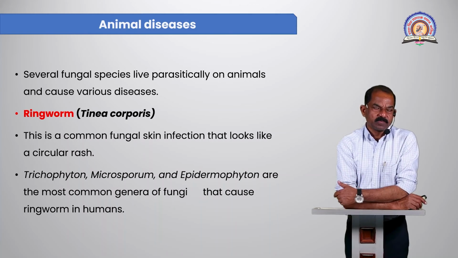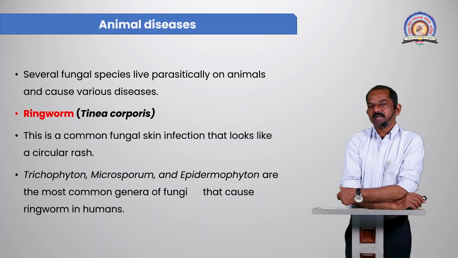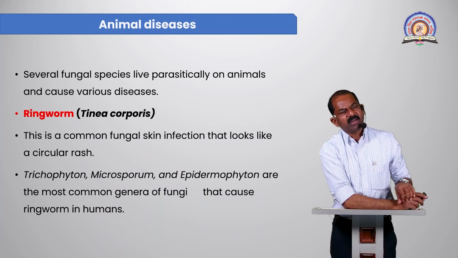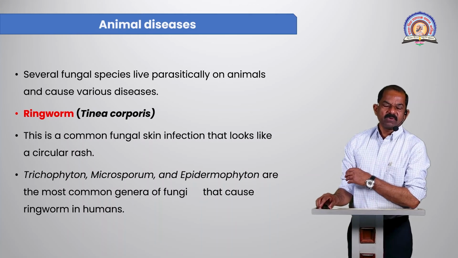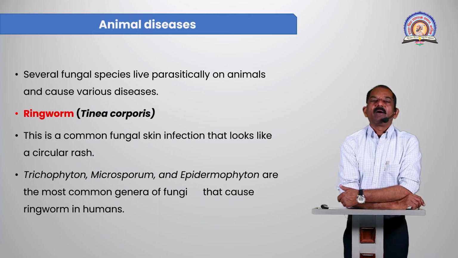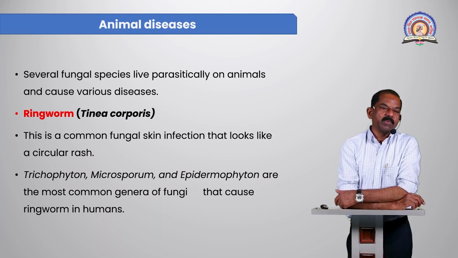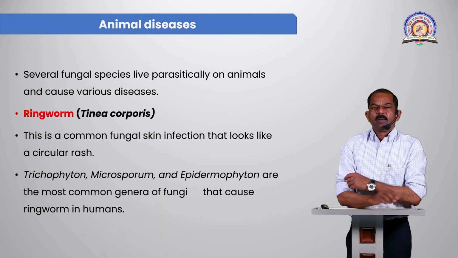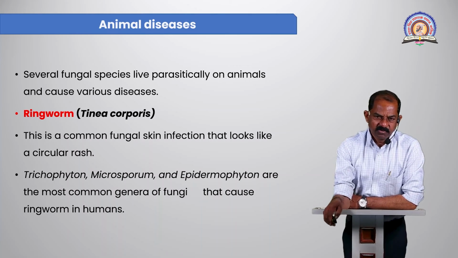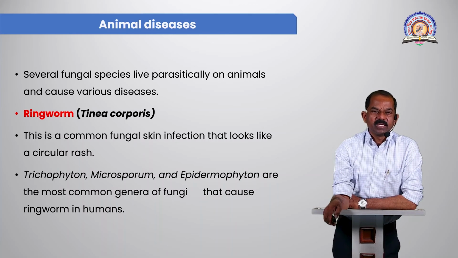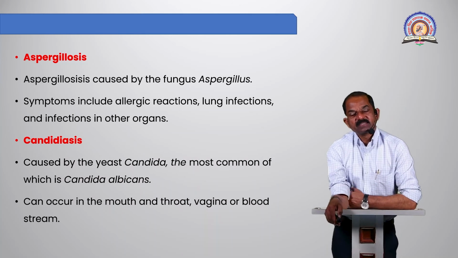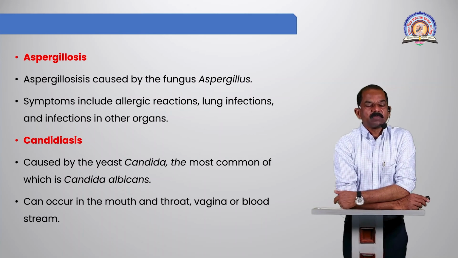The first disease is ringworm, known as Tinea corporis, a common fungal skin infection that looks like circular rashes on the skin of animals as well as humans. Trichophyton, Microsporum, and Epidermophyton are the most common genera which cause ringworm in humans, generally known as dermatophytosis. Deep mycoses are also diseases caused by fungi.